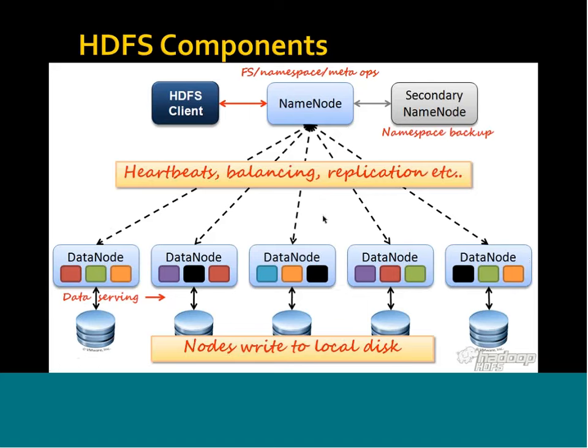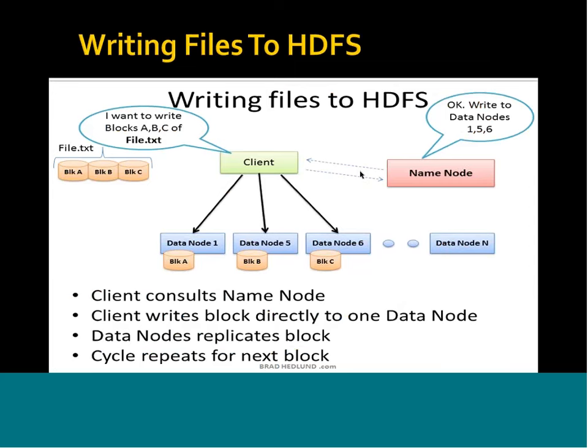Fine. Now comes a scenario where we are going to write data to a file, right? Just see how the name node and data node coordinate with each other. First thing you need to understand is that each HDFS will have a predefined block size, right?